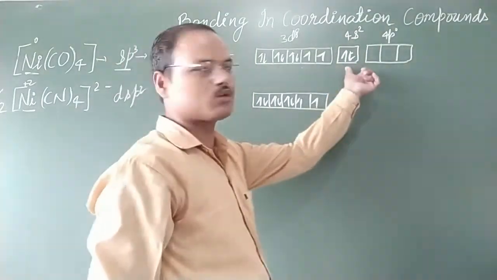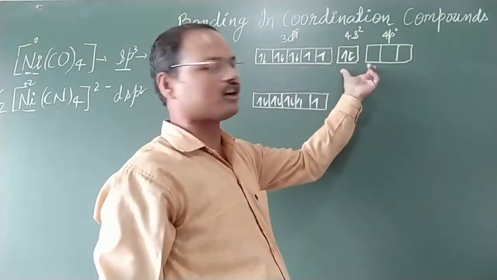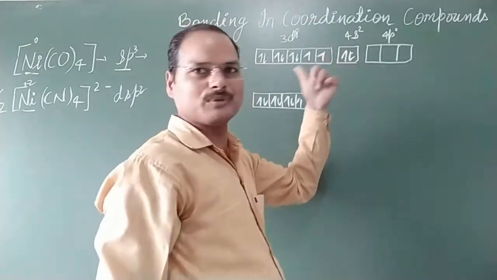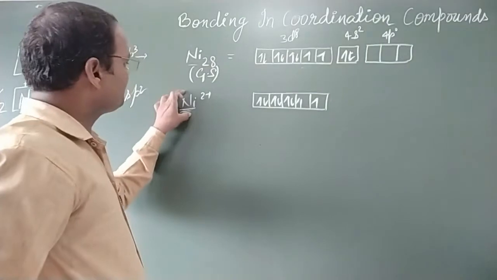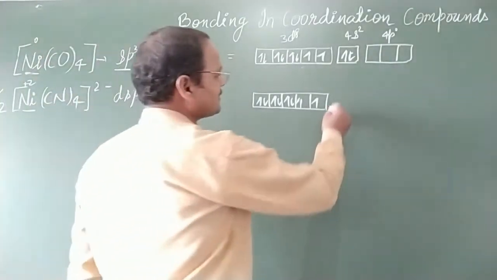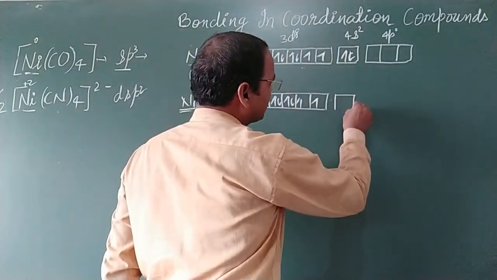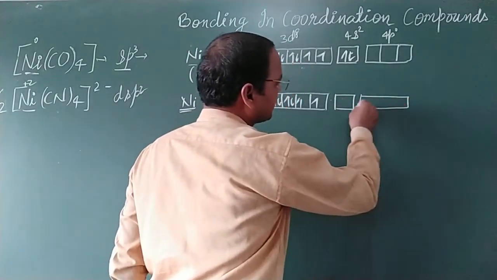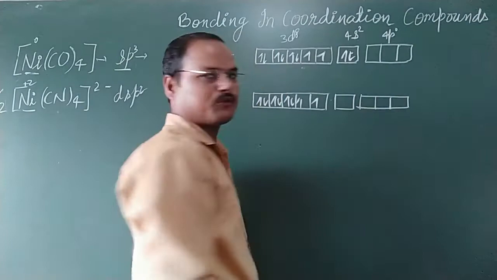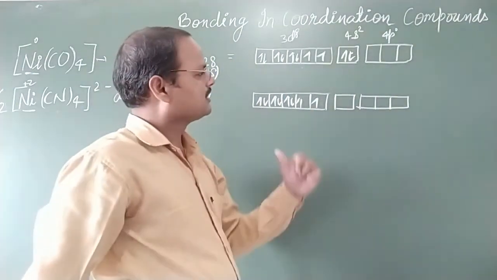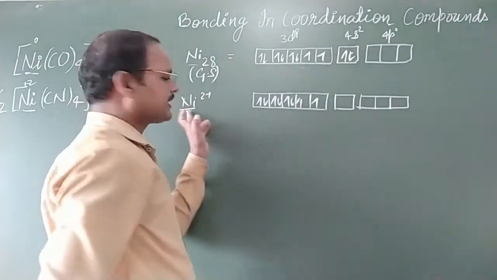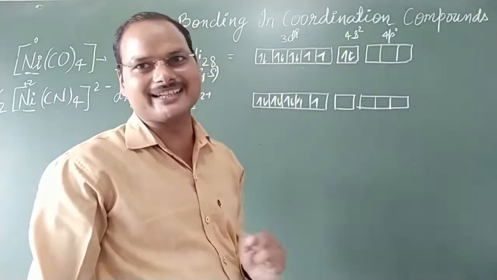Why? Because it is the outermost part among all these orbitals. Therefore, 2 electrons from the 4s will be removed to form the Ni2+ ion. See, it becomes empty. No electron is there now, and the other empty orbital 4p is present. So this is the electronic configuration for the Ni2+ ion.